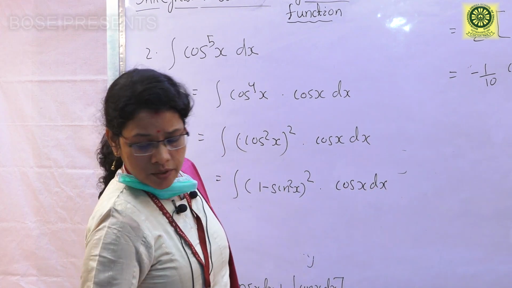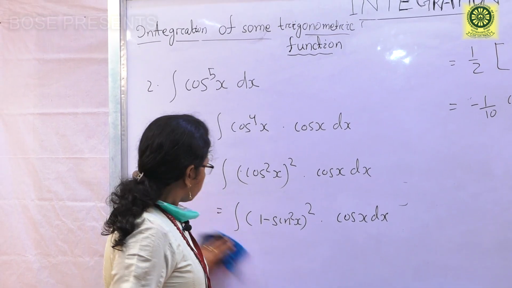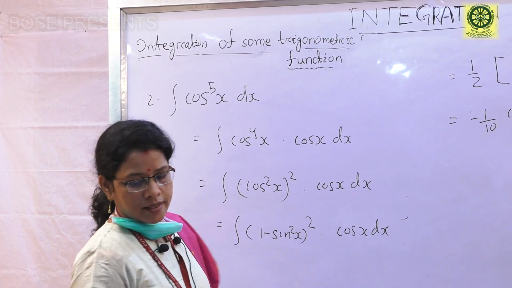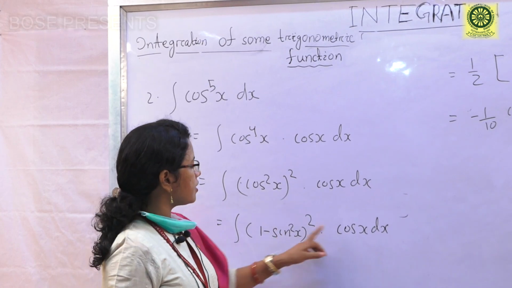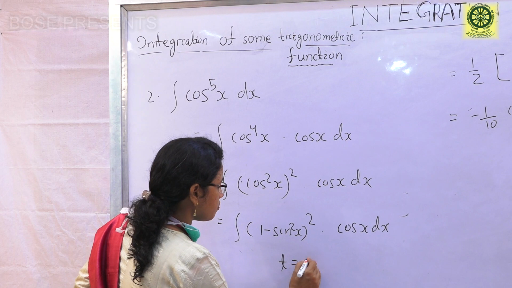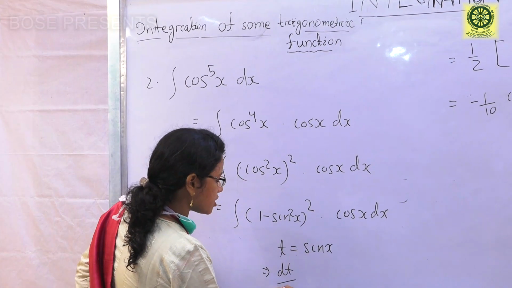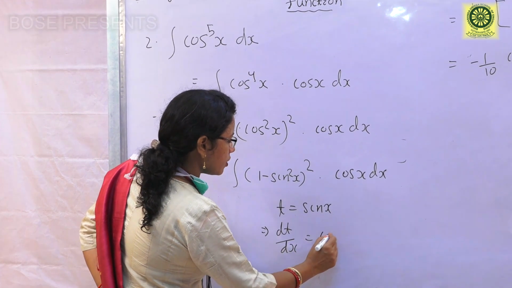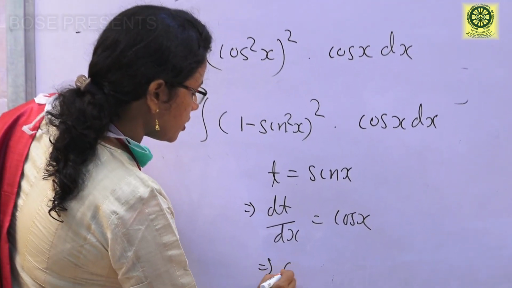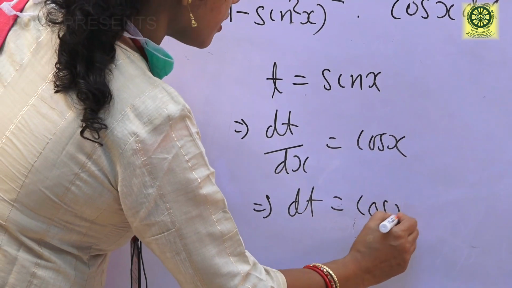Here you can substitute t in place of sin x, as the derivative of sin x is here in the integral. So just substitute t in place of sin x, then differentiating both sides with respect to x, you have cos x, that implies dt is equal to cos x dx.